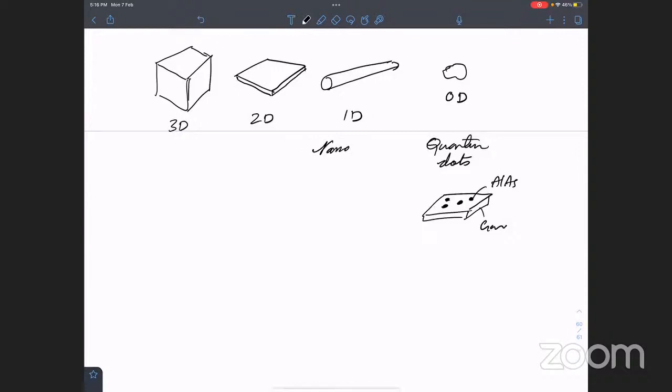You might have heard of nanowire transistors, nanowire FETs. You might have heard of silicon nanowires. So these are very interesting for making thin transistors. There are many problems with them, but one of the things that people are really working on is 1D quantum systems.